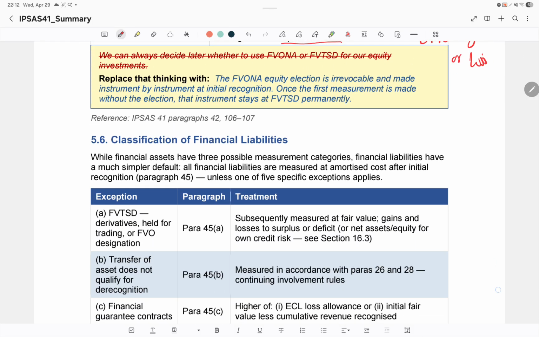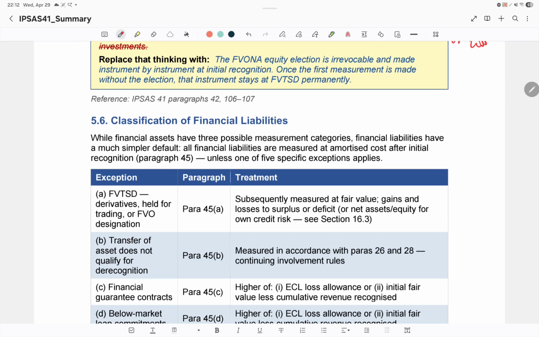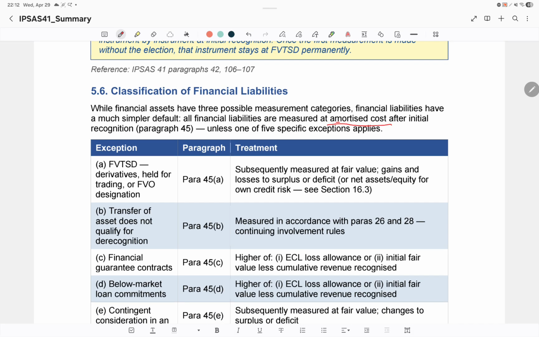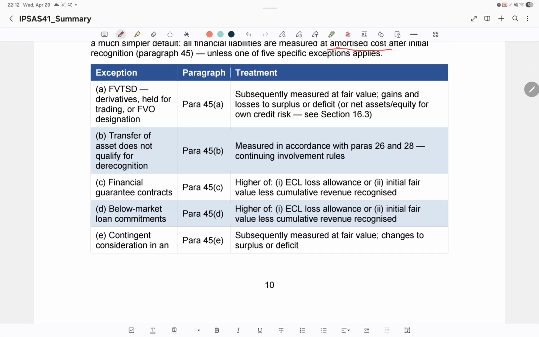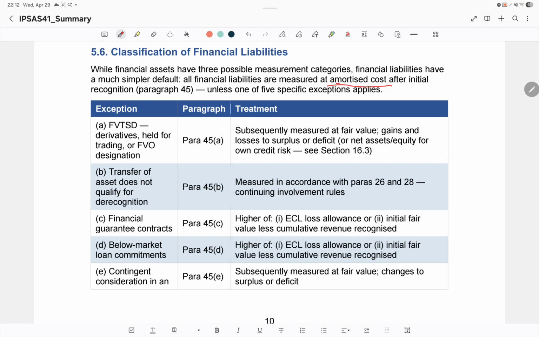Classification of financial liabilities. While financial assets have three possible measurement categories, financial liabilities are much simpler. All financial liabilities, the majority of them, are measured at amortized cost after initial recognition, unless one of the five specific exceptions applies.